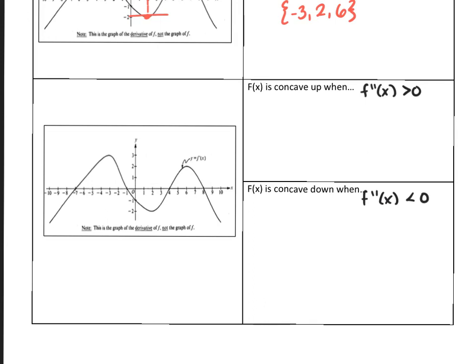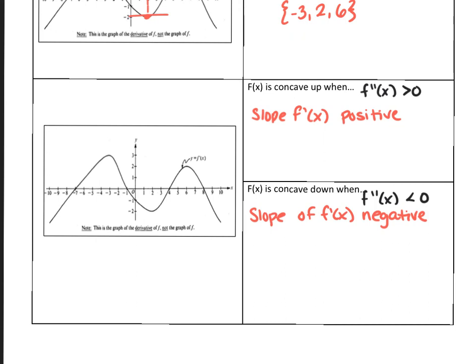So where is the slope of f prime positive? And for concave down, we're looking for the slope of f prime to be negative. And that will give us our concave up and concave down.